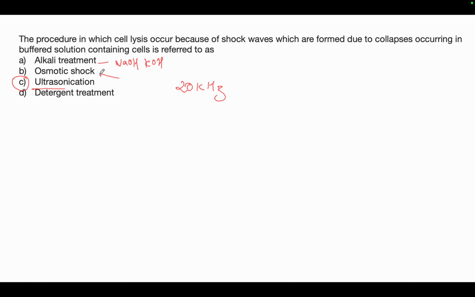Osmotic shock uses a difference in the solute concentration or pH. Detergents, again, we use SDS, so they will dissolve the cell wall and lyse open the cell.